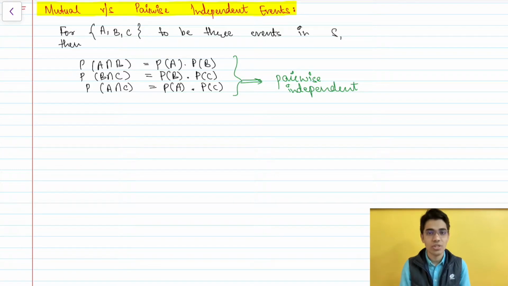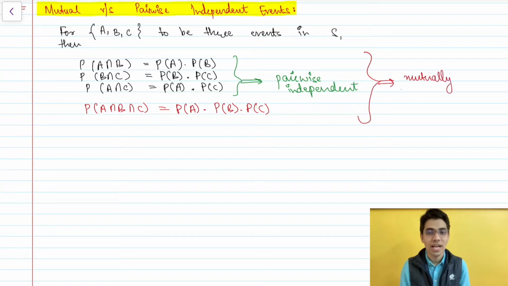These three equations would constitute the conditions that are necessary for three events to be pairwise independent. However, for mutual independence, we need to have P of A intersection B intersection C to be equal to the product of their individual probabilities. And all these four holding simultaneously would ensure that we have a mutual independence condition.